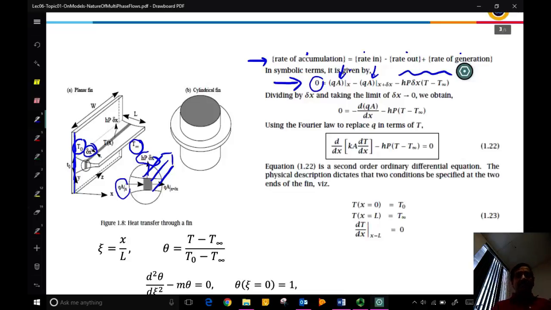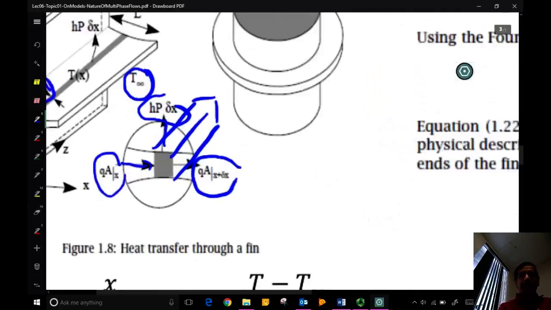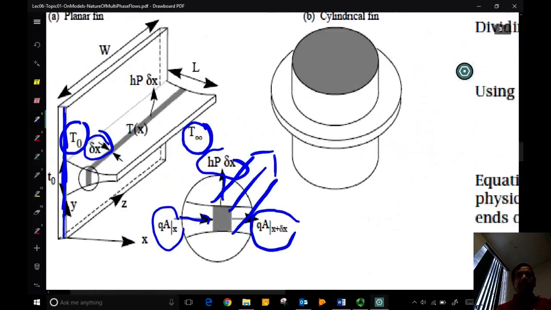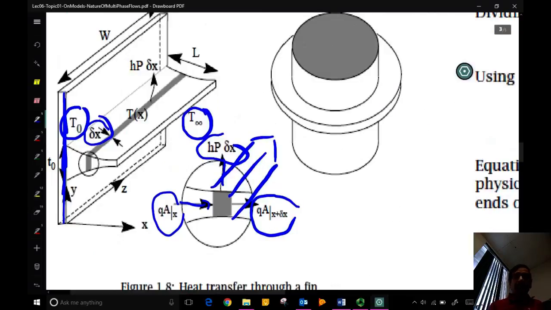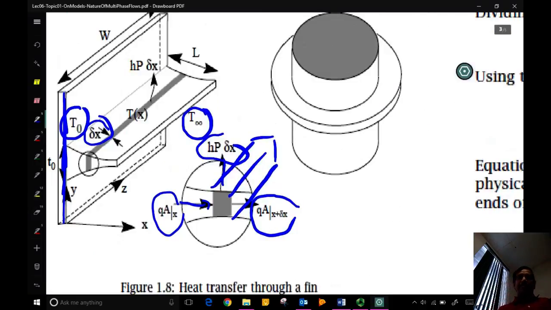So that much energy is entering from the left face, and the same quantity evaluated at the right-hand side, which is at x plus delta x, is leaving.